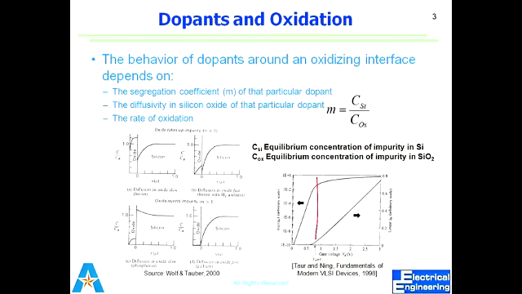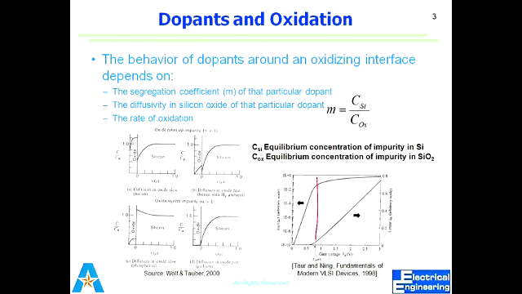So the concentration of that dopant is redistributed at the surface due to this one parameter. The second parameter is the diffusivity of that particular dopant in silicon dioxide. If the dopant has more diffusion in the oxide layer, then, like boron, which has smaller atoms and can diffuse easily, it can diffuse through the oxide layer and escape. So again the concentration will go down at the surface and the dopant will redistribute.